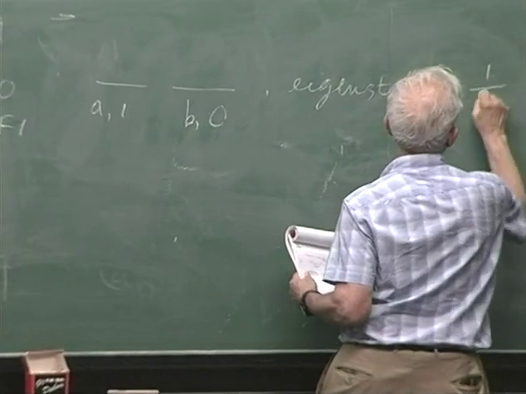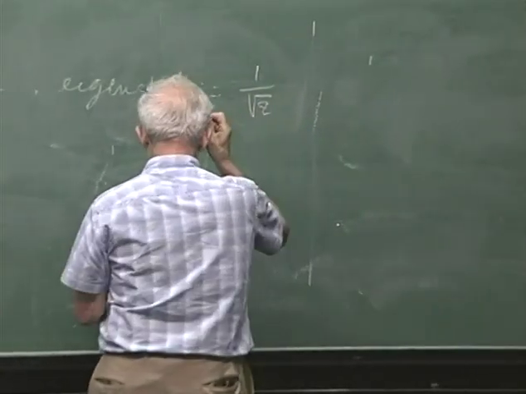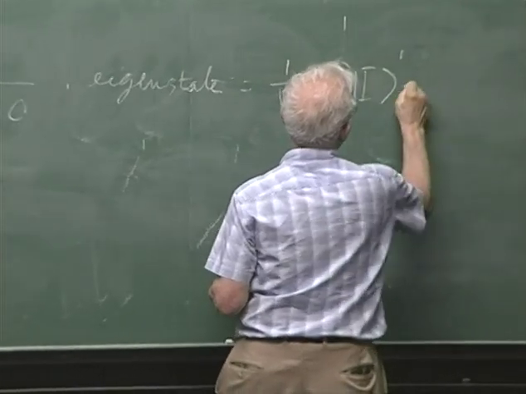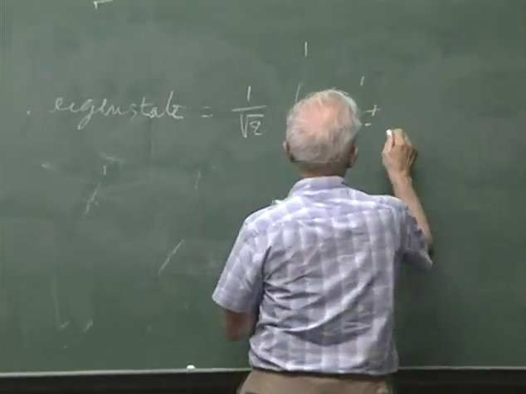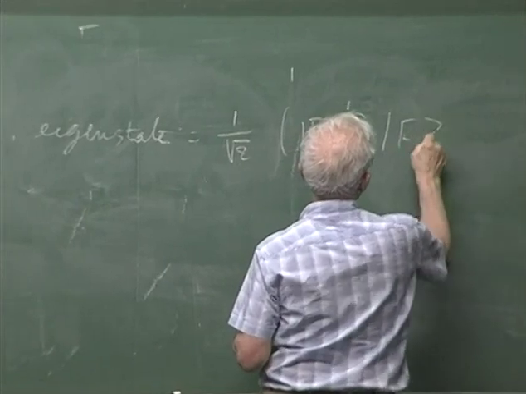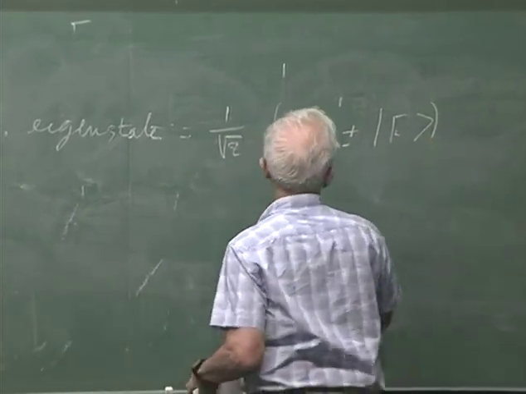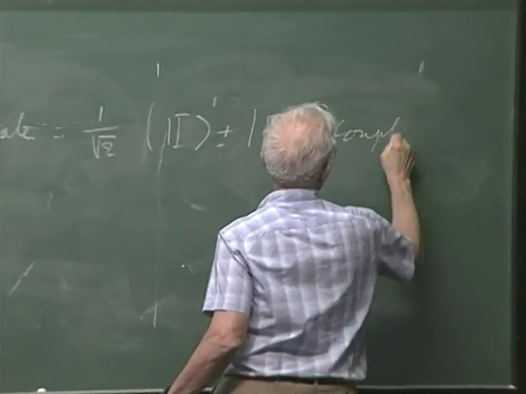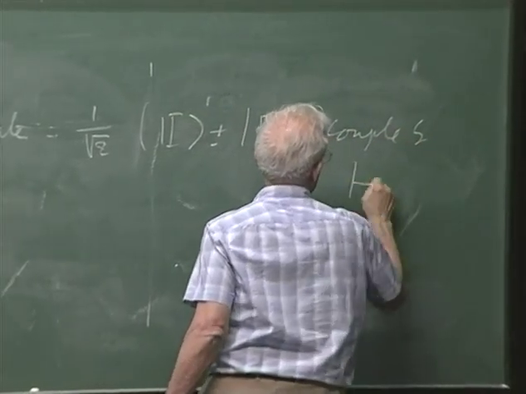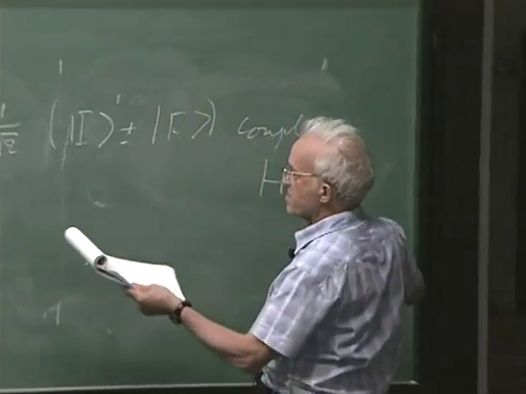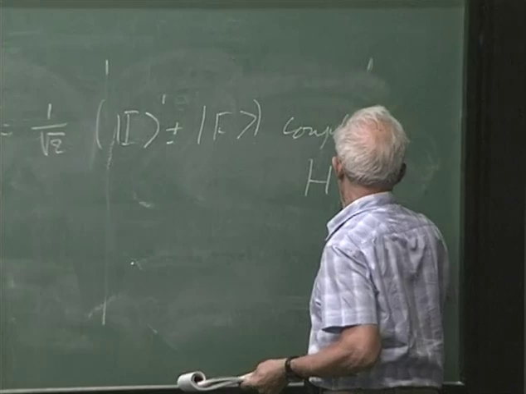The eigenstates are going to be 1 over the square root of 2 times I plus or minus F, and they're coupled by H0, this interaction.